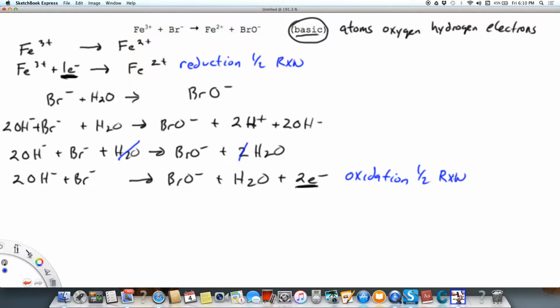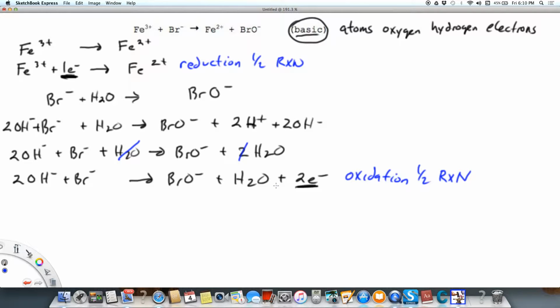I know that because my electrons are on the right, and you can see that they've been lost. When they're on the right side, they've been separated from the species on the left, and so they're considered lost, and that's oxidation.